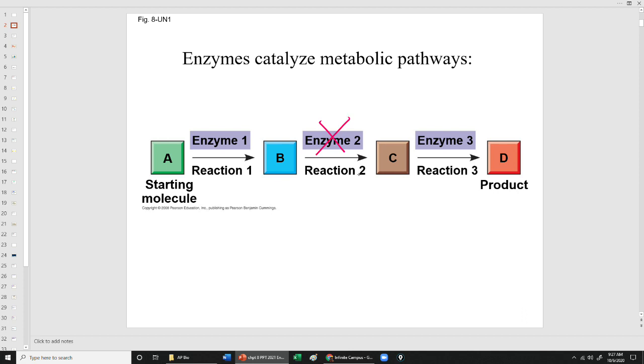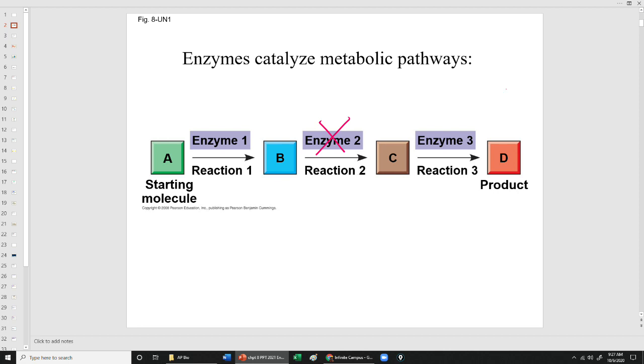There's a mutation and you're no longer making a functional enzyme, which could happen in some genetic disorders, or maybe there's a poison present that knocks out this enzyme and blocks it, maybe with competitive inhibition or something like that. So you knock this out.